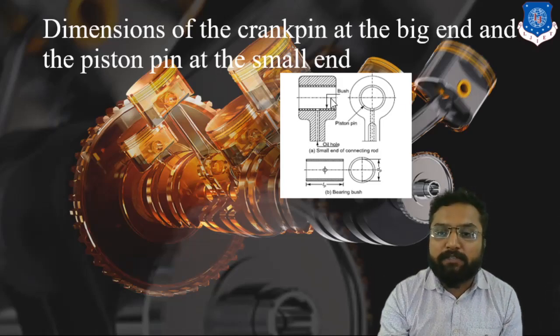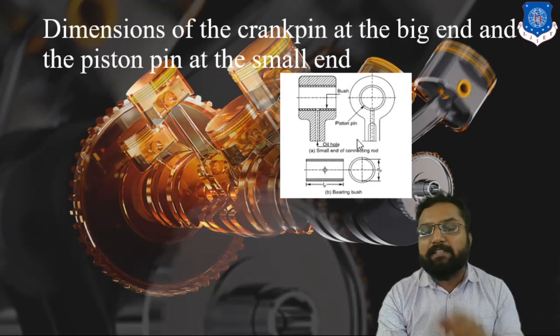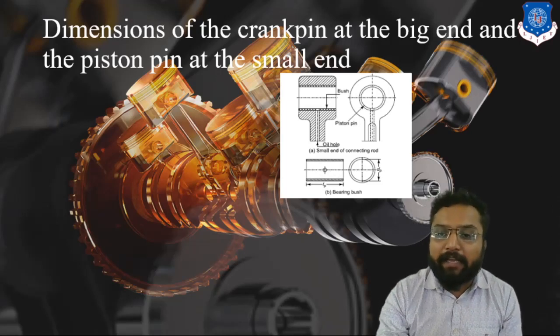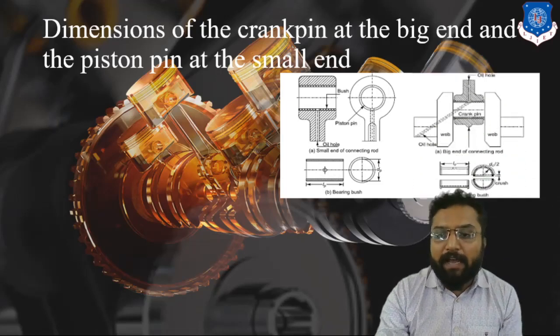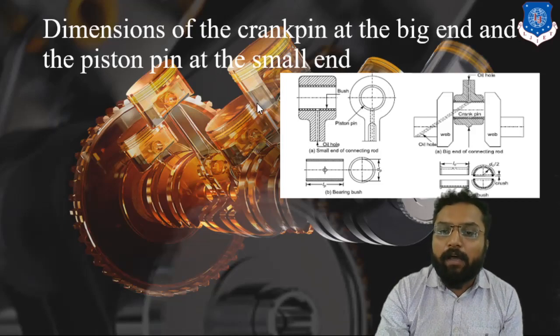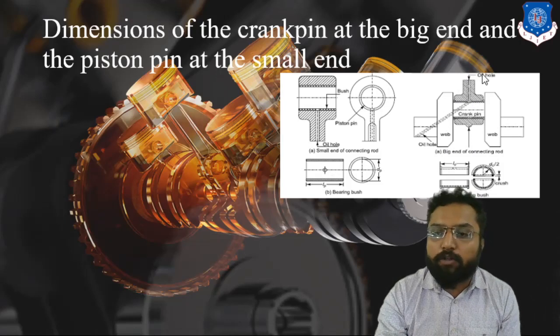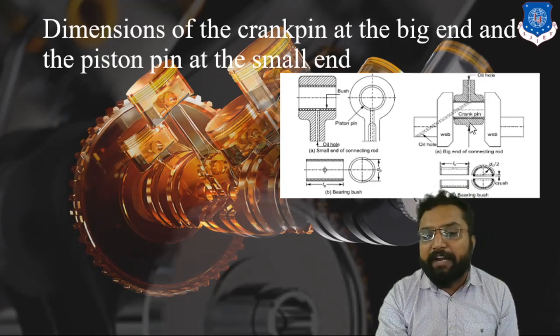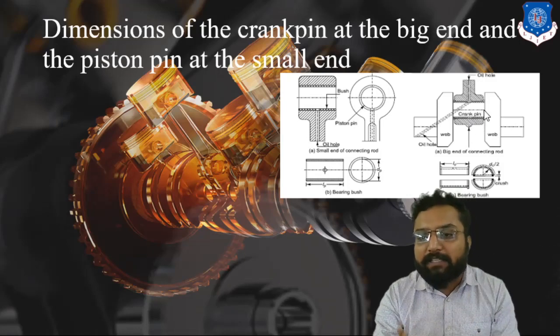Here you can see this bush and the piston pin. Ultimately, this piston pin will try to create a bearing pressure on our connecting rod. Clear? This side. Then there is the big end. The big end is connected with our crankshaft, and it is also called the crank end or crank pin end. Clear? So our design will depend on this crank pin design.